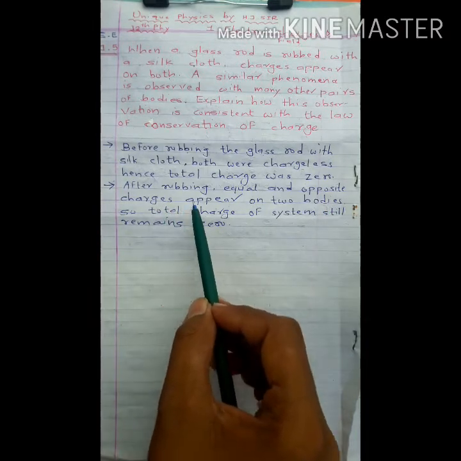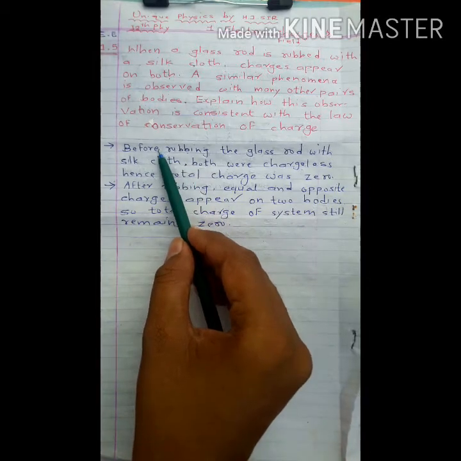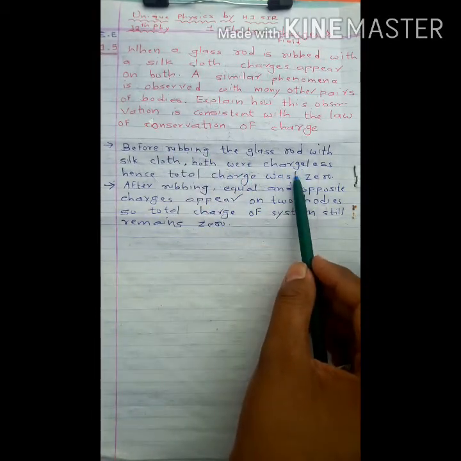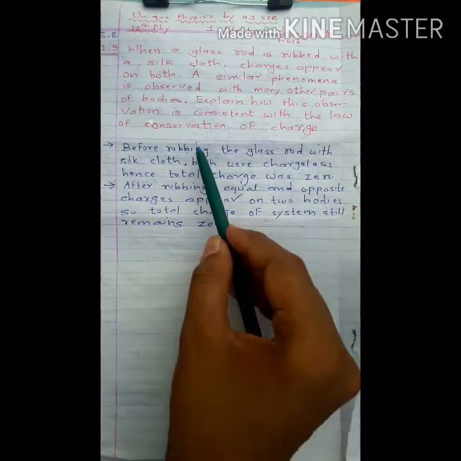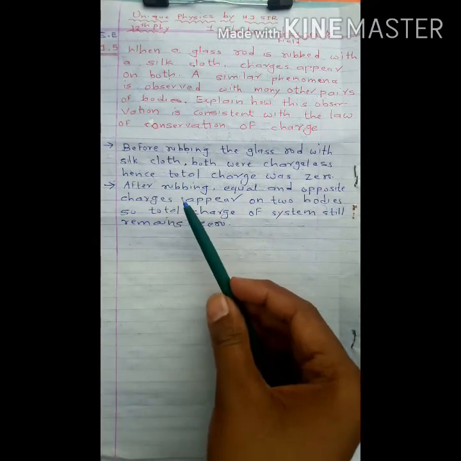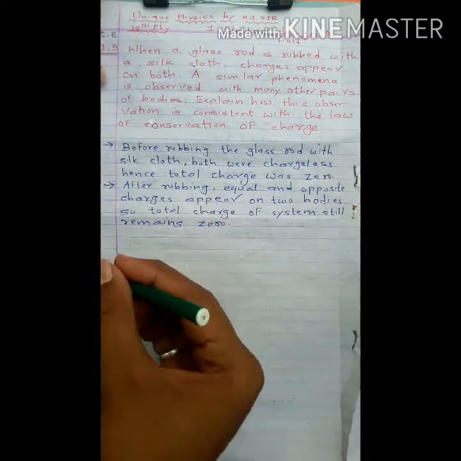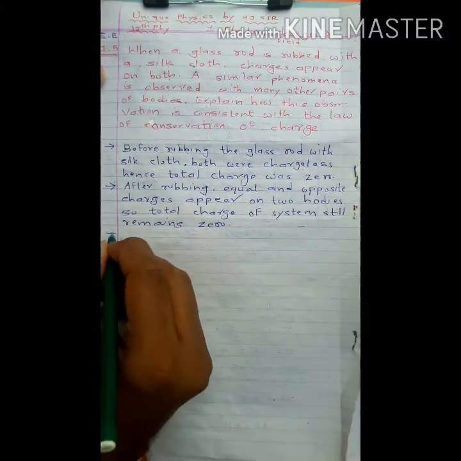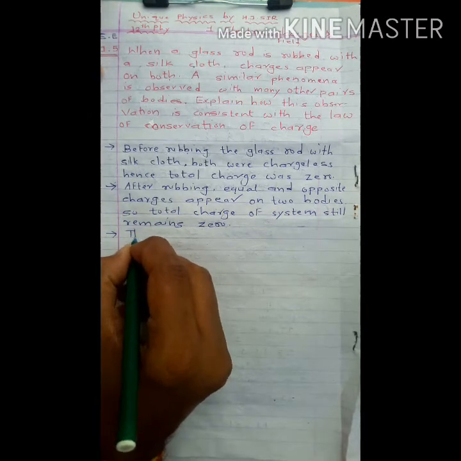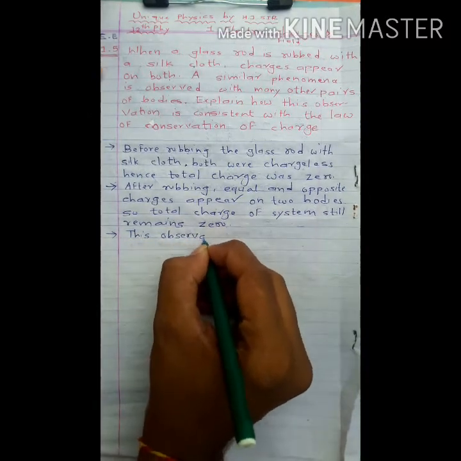Therefore again the total charge of the system remains zero. In the initial situation the total charge of the system is zero, and in the final condition after the rubbing process, the total charge of the system is zero.